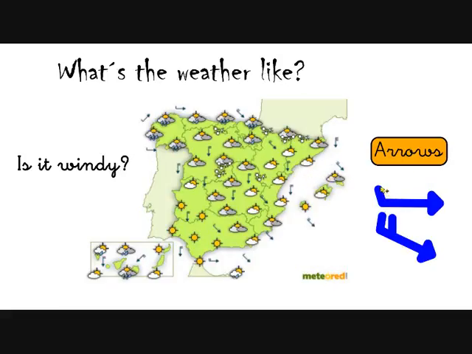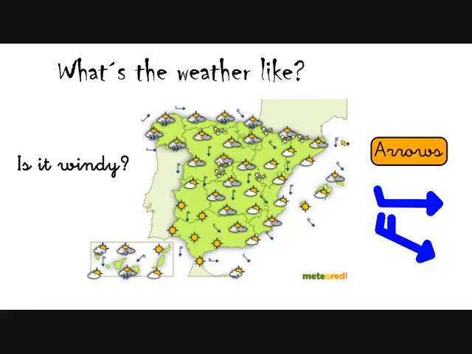Yeah. So when we see arrows with a short tail, with one line like this one, it means that it's fairly windy. Not much wind there. Not very windy. But when we see arrows with bigger tails, with more lines on the tail, like this one too, well, it's more windy, yeah.